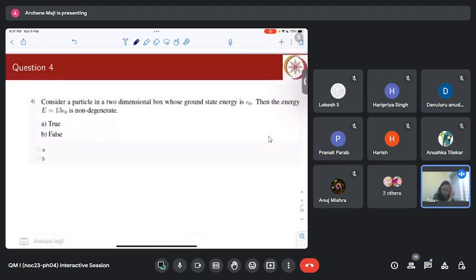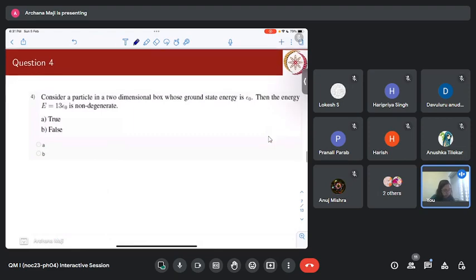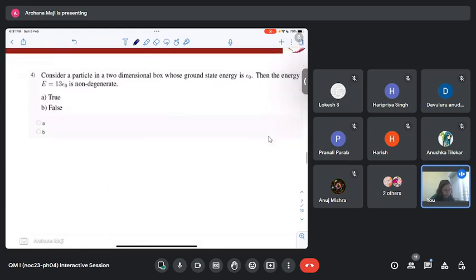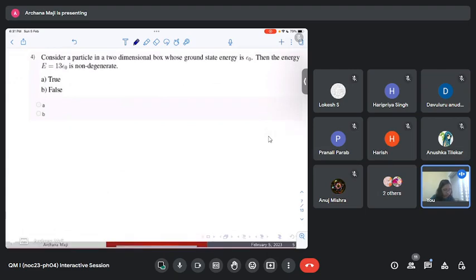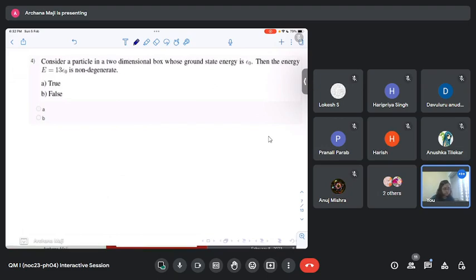Now consider a particle in a two-dimensional box whose ground state energy is epsilon naught. Then the energy E equal to 13 epsilon naught is non-degenerate. Can you answer this question? Is it true or false?